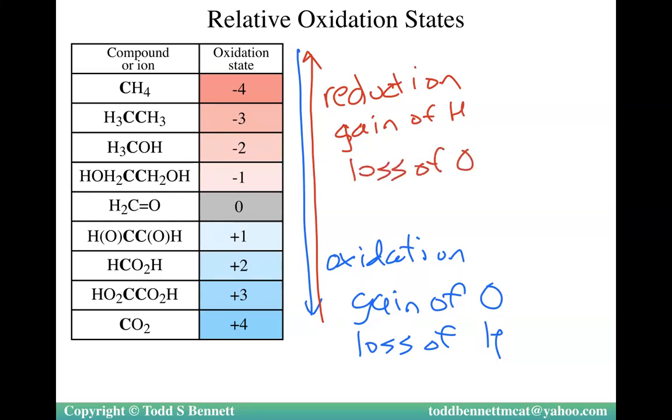So hydrogenation, the gain of H, is reductive. Dehydrogenation, the loss of hydrogen, is oxidative. Gaining O's is oxidative. Losing O's is reductive. So notice the H count, or H's per carbon, keeps going down, and the number of O's per carbon goes up as I go from the top of this chart to the bottom.